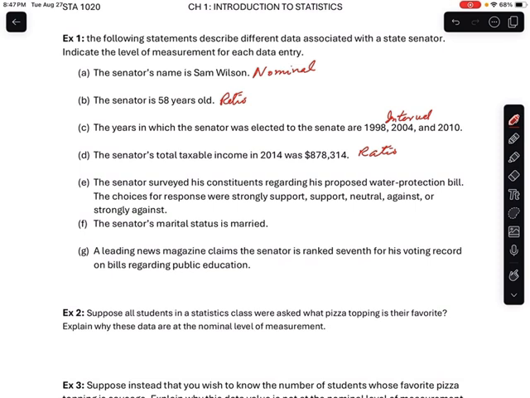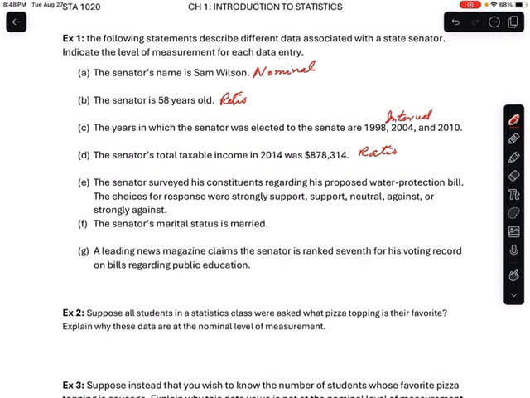Next, the senator surveyed his constituents regarding his proposed water protection bill. The choices for response are strongly support, neutral, against, or strongly against. What is that? These are again labels or names or descriptions. So this is qualitative data, but it can be arranged in some order.